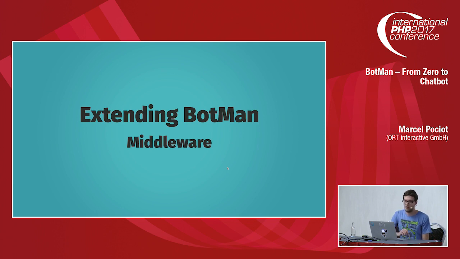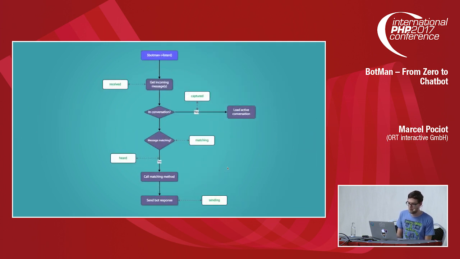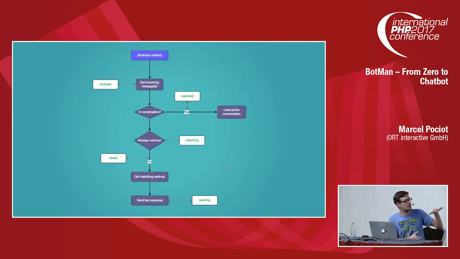And I just talked about this briefly with the natural language processing. You can extend BotMan with middleware. This is pretty much the middleware system and the flow of where you can hook into with your application. So you can really extend the way that your chatbot works. For example, if you want to log every incoming message, you can just pass everything to the received middleware and to the sending middleware.